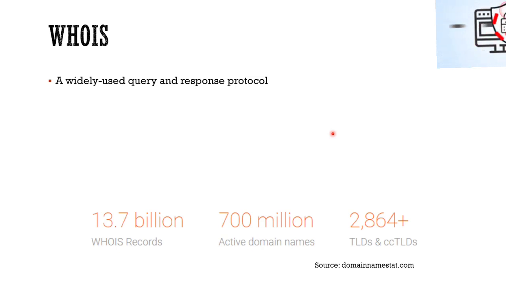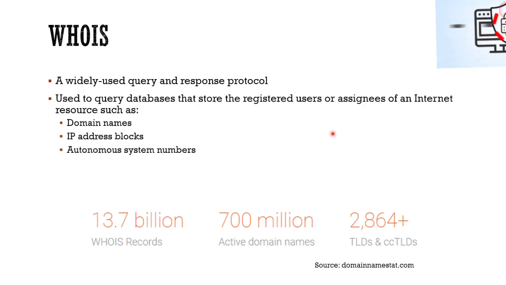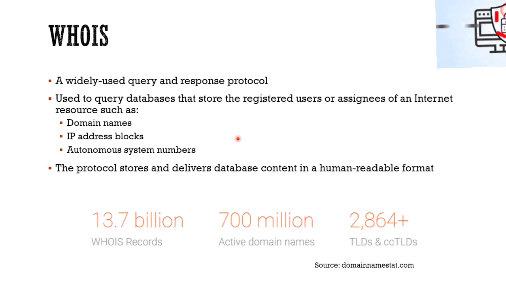You use whois to query databases that will store registered users or assignees of an internet resource, like IP address blocks, domain names, autonomous system numbers. The protocol will get database information in a human-readable format. And of course, it's widely available for public use.